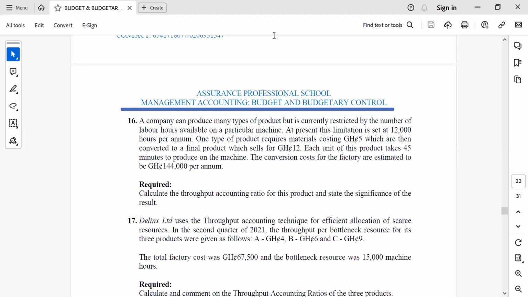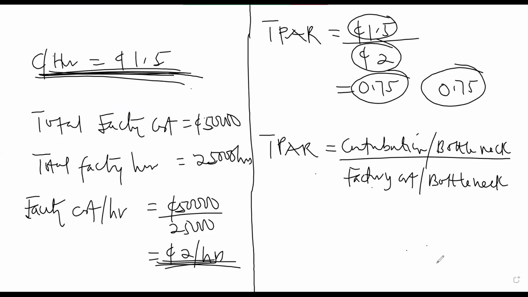So for the throughput accounting ratio, we need to first calculate what? Two different ratios. All right, so let's come to question 16.